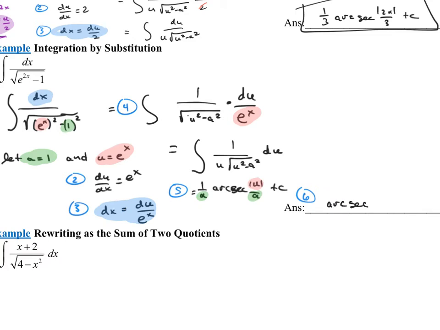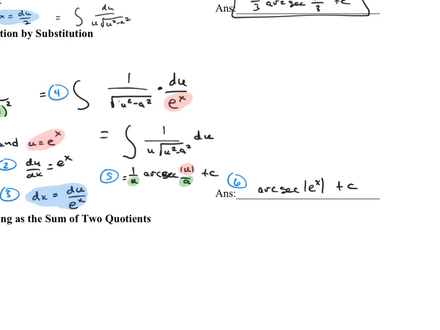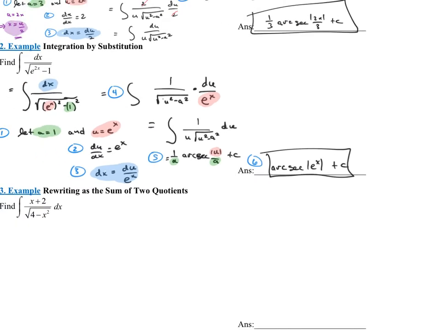Well, u is e to the x, so it'd be the absolute value of e to the x, but that's always positive, so we don't even need the absolute value. All over a, again, a is just 1, and then it would be plus c. So I'm getting the arc secant of e to the x. I put the absolute values there, but it's absolutely not necessary, plus c. Nice little U-substitution problem there for you, okay?